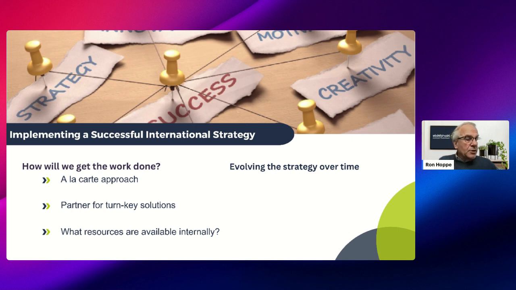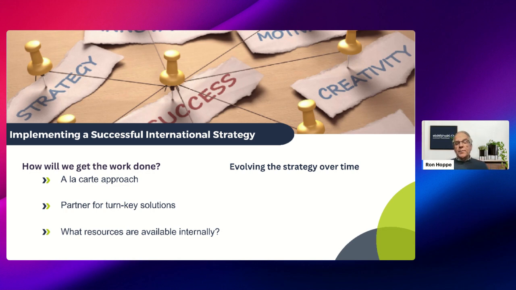And then ultimately managing all of the relocation components that go into planning, executing, and then supporting someone after they've arrived here in the US. A la carte approach, turnkey approach. Both of those are open for consideration, with the question being asked, what resources do we have available internally?